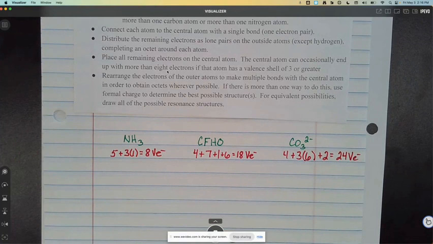valence electrons. So now we're going to build just a pile for each one of these, of pieces. Don't try to arrange anything. Just try to build, like just make a pile.